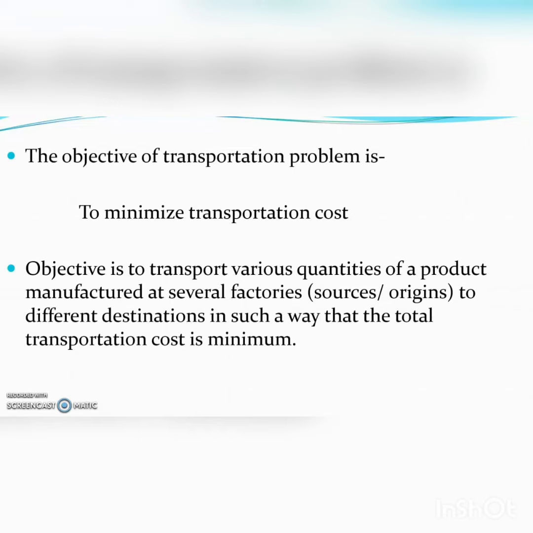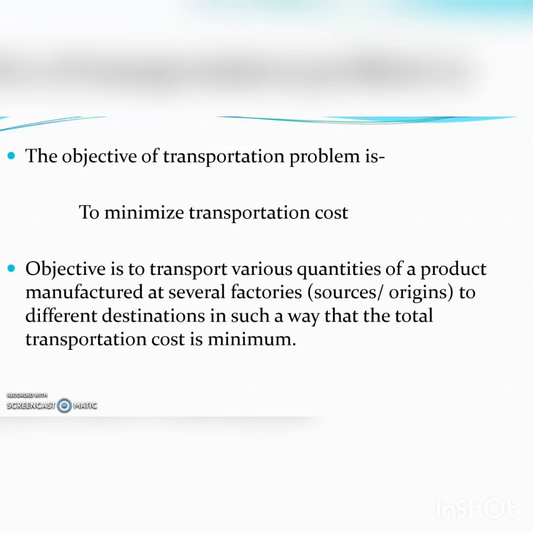So, this company has to collect the garments from different factories which are also located at different parts of the country and then has to deliver them to the different destinations. The company will do this whole work in such a way that the total transportation cost is minimum.